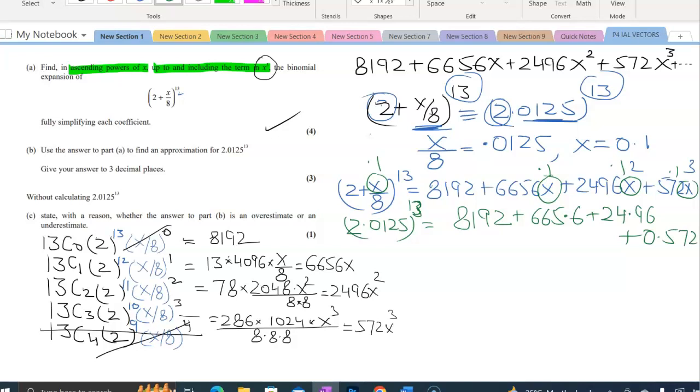If you calculate it, it is going to be 8882.8... these are the 4 digits. So that is the answer of part B.